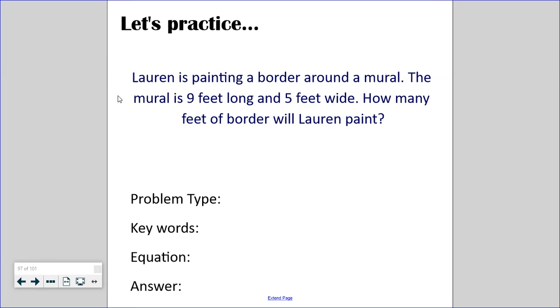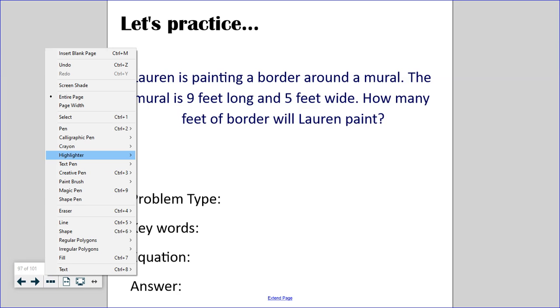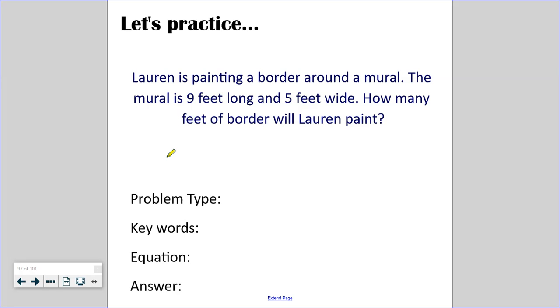This story says Lauren is painting a border around a mural. The mural is 9 feet long and 5 feet wide. How many feet of border will Lauren paint? Well, I see some key words in this story that I think are going to help me figure out if this is area or perimeter. First of all, this word border. The word border refers to the edge of something or the rim of something.